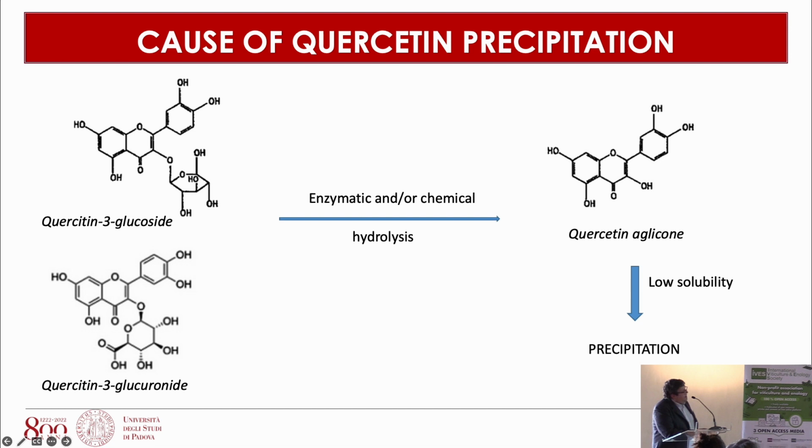We say that quercetin is present in grapes mainly in glycosylated forms that are soluble due to the presence of this sugar moiety, and due to enzymatic and also chemical hydrolysis, the quercetin aglycone is released, and without this sugar moiety, the quercetin is very hydrophobic, so it becomes insoluble and precipitates.